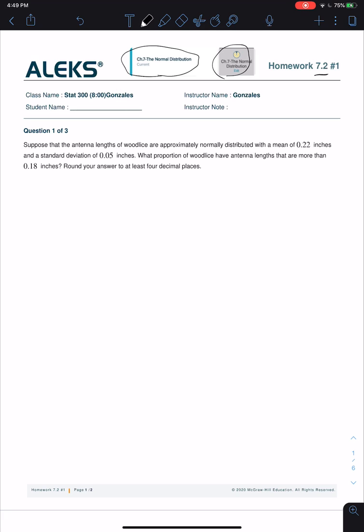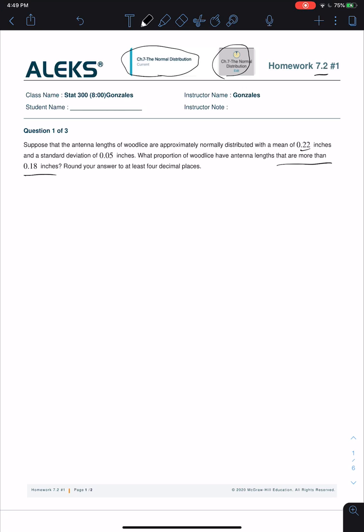Suppose that the antenna lengths of woodlice are approximately normally distributed with a mean of 0.22 inches and a standard deviation of 0.05 inches. What proportion of woodlice have an antenna length that is more than 0.18 inches?